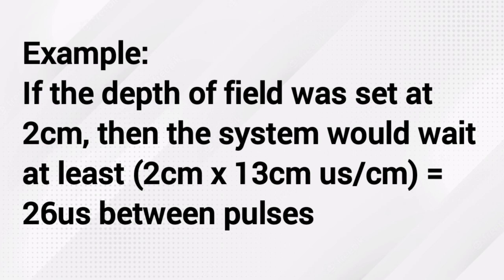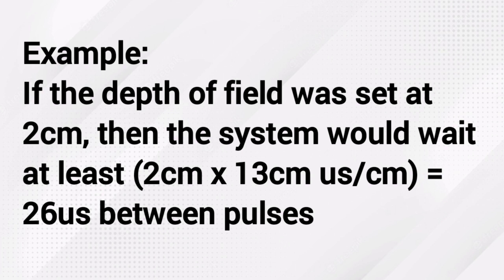For example, if the depth of field was set at 2 centimeters, then the system would wait at least 26 microseconds before the next pulse. That's to say, 2 centimeters times 13 microseconds per centimeter. Remember, that's the machine setting. So this would ensure that all the echoes from the maximum imaging depth have returned before any subsequent pulses are transmitted.